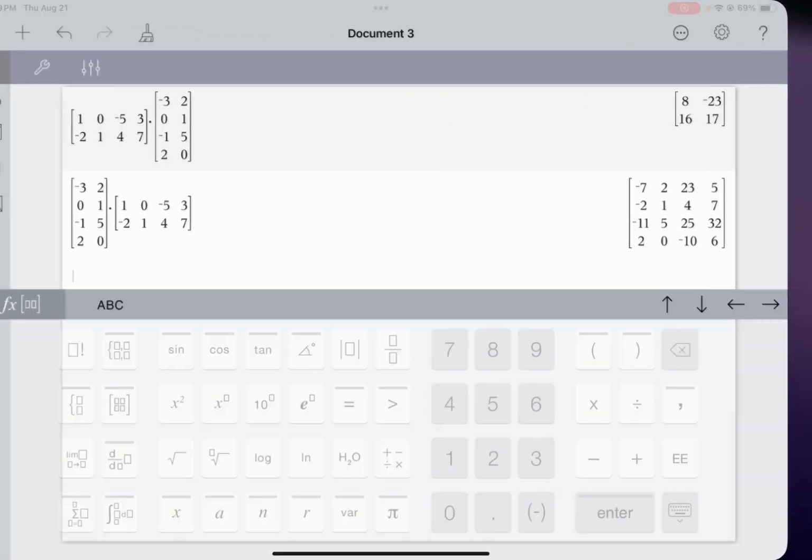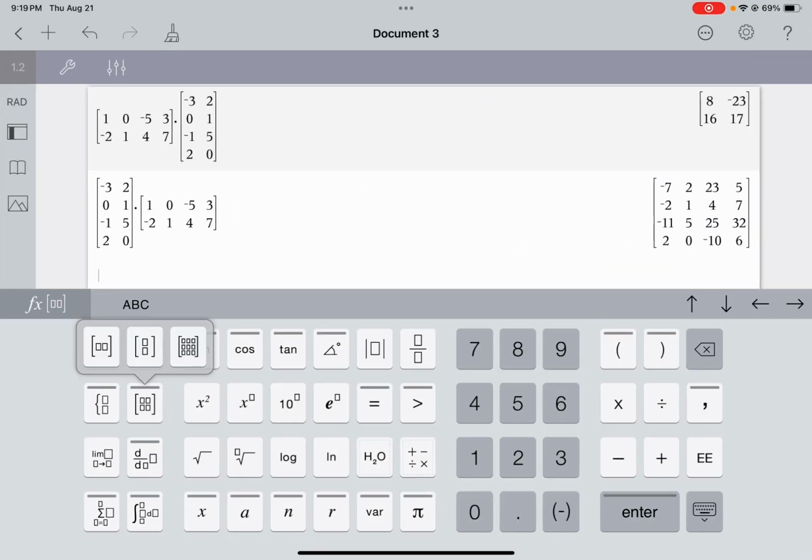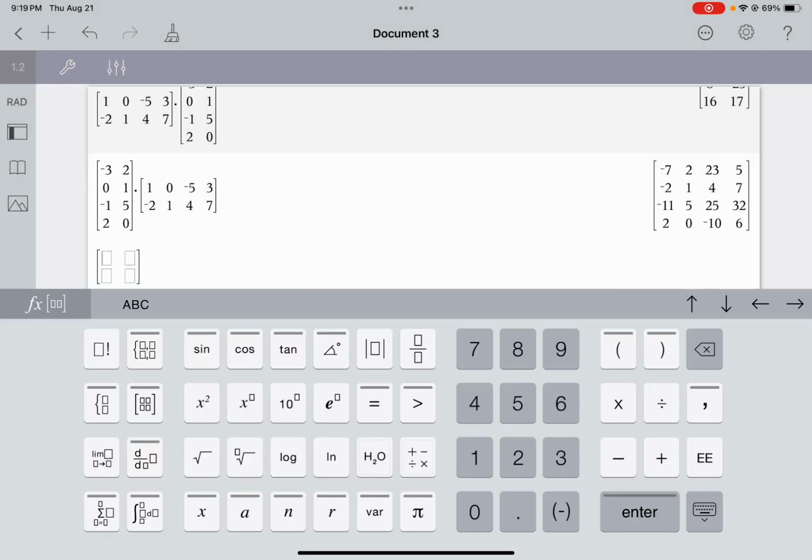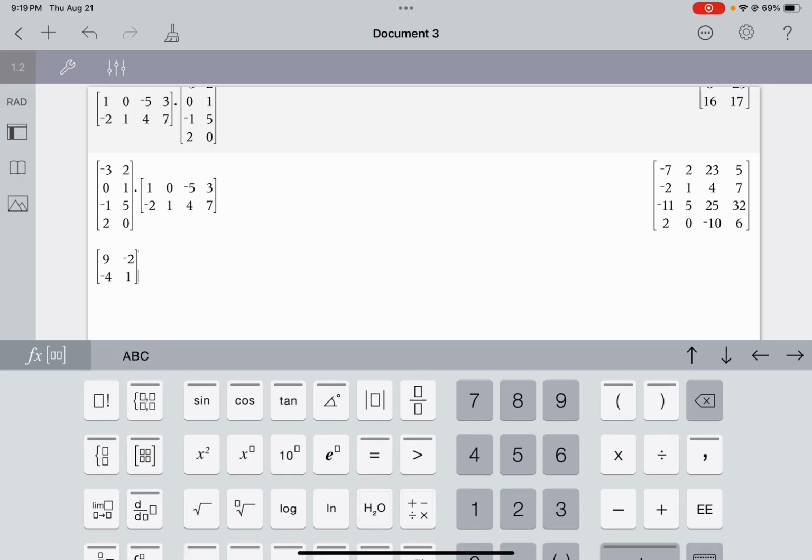So switch back over to our calculator, hold this button down, get us a matrix. It's a 2 by 2. Let's type them in. Okay, there's my first matrix. Repeat the process.